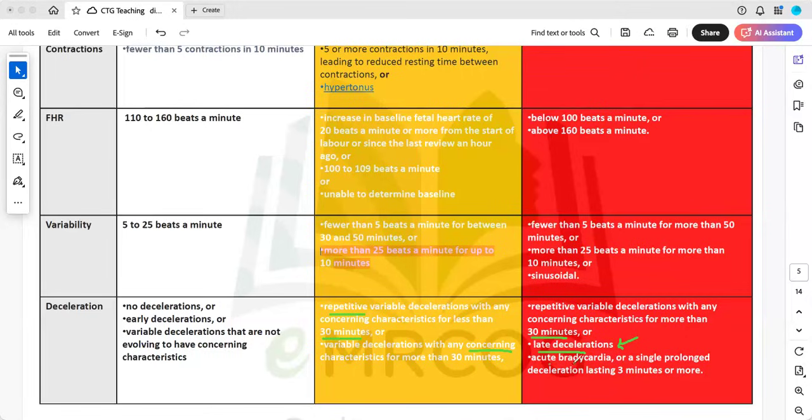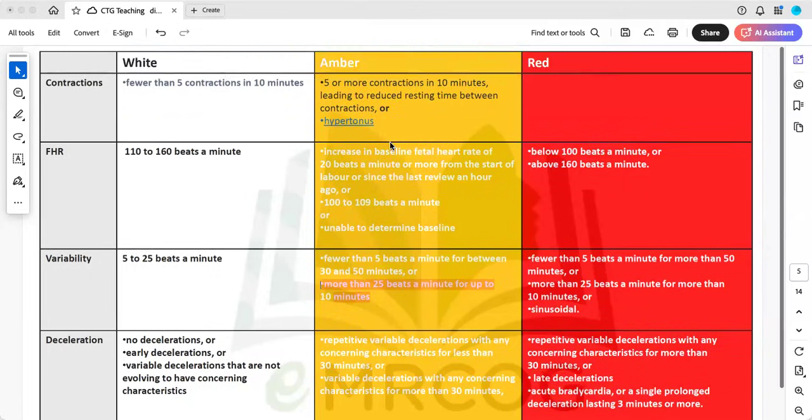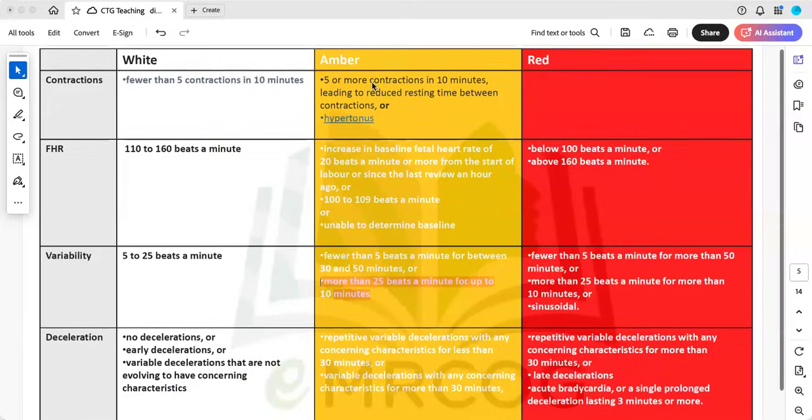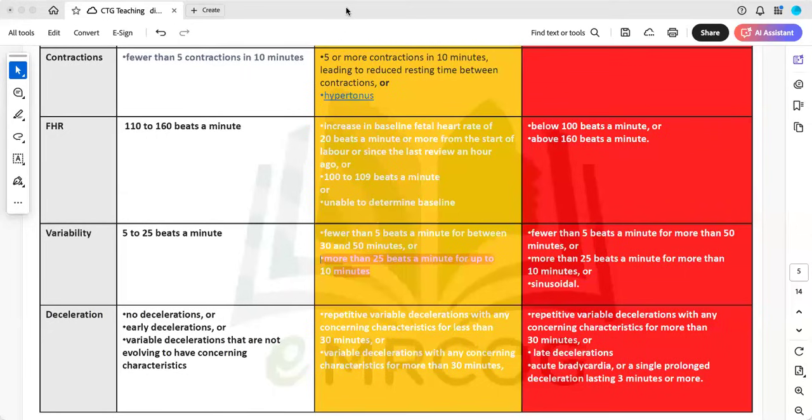How about acute bradycardia? Acute bradycardia or a single prolonged deceleration lasting 30 minutes or more is of course a red feature. And a red feature means that I have a pathological CTG. Now, my friends, you need this table, okay, for your study, right? And for decision making regarding the CTG.